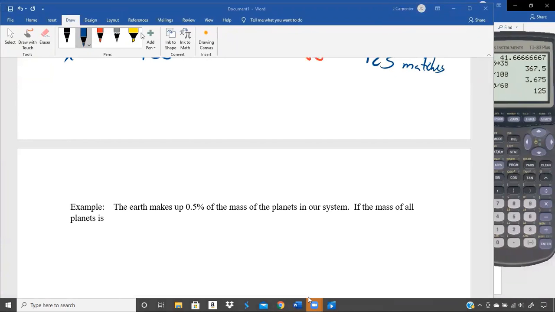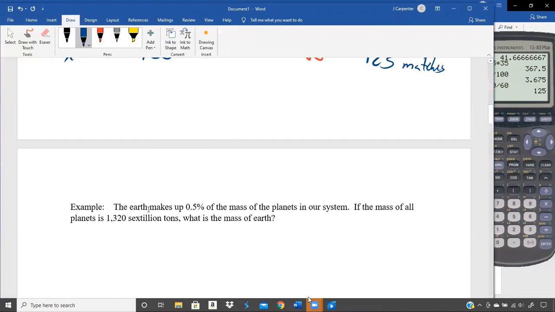There we go. Okay. If the mass of all planets is, we'll do it this way to keep your side easier, 1320 sextillion tons. What is the mass?